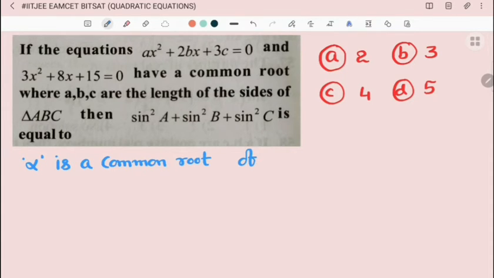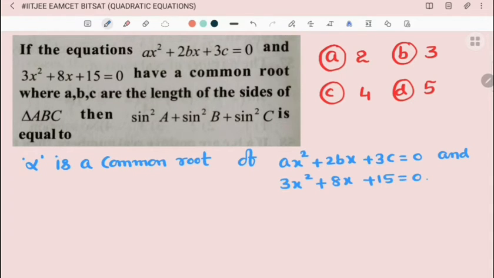of ax square plus 2bx plus 3c equal to 0 and 3x square plus 8x plus 15 is equal to 0. So alpha is a common root of these quadratic equations means wherever x is there you have to replace it with alpha.